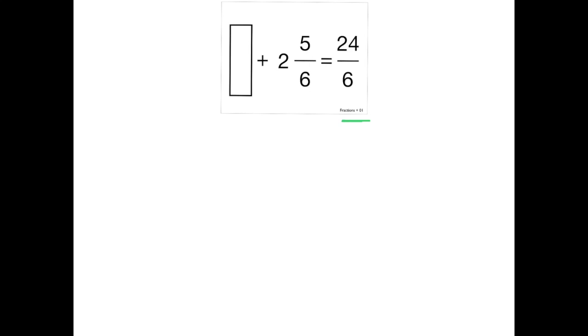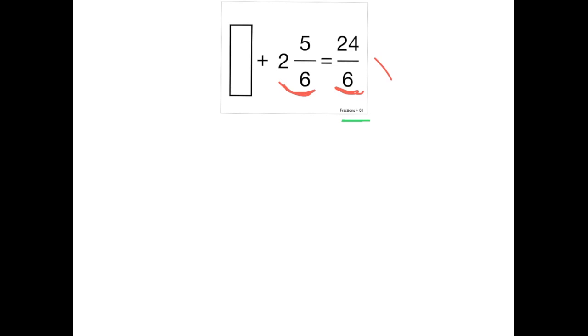Now, in this case, the question itself looks a lot more complicated at first glance. We are working with numbers or fractions greater than 1, and we are also working with a combination of mixed numbers and improper fractions.